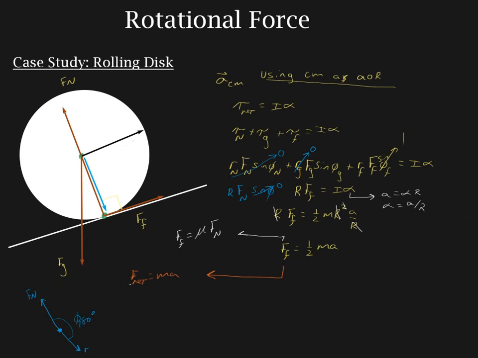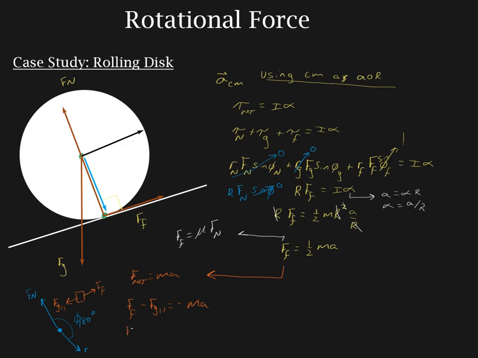If we draw our FBD here very quickly, the force of friction points up the ramp, and the force of gravity parallel points down the ramp. And so we can write the force of friction minus Fg parallel is equal to ma, because it's accelerating down the ramp.